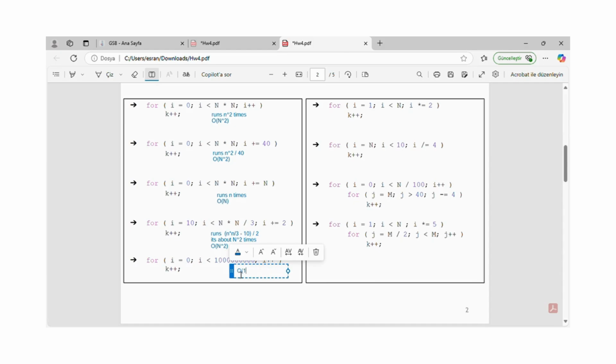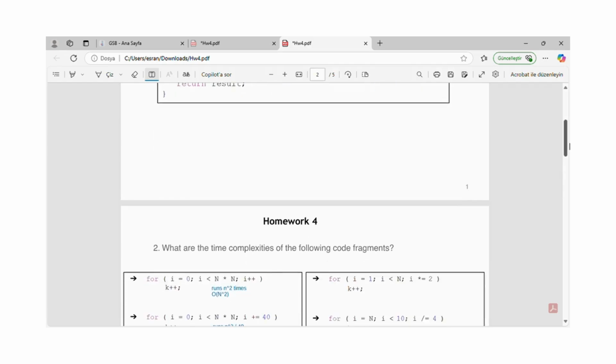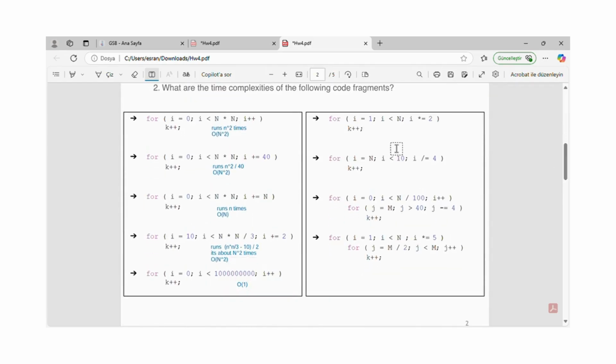That's all for the left side. Let's continue with the right side. Here it doubles each time, like 1, 2, 4, 8, and goes like this until n.